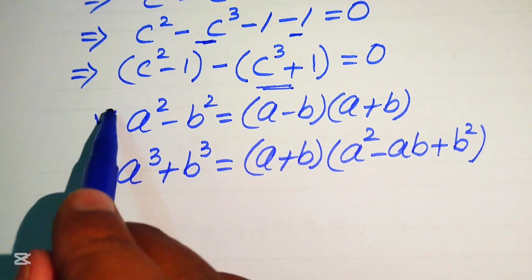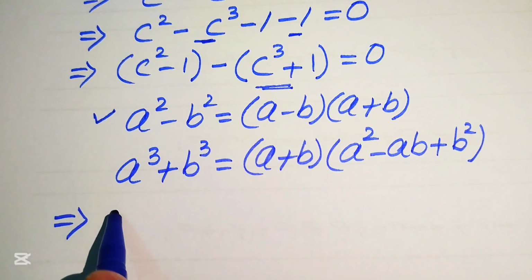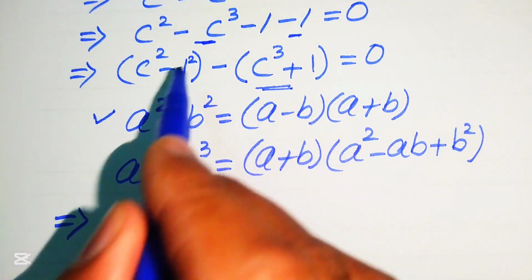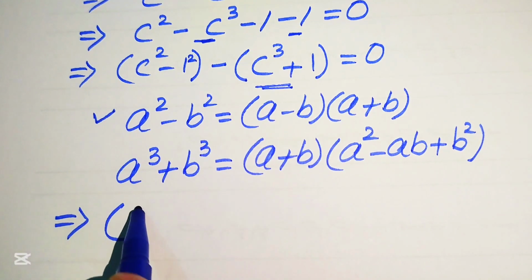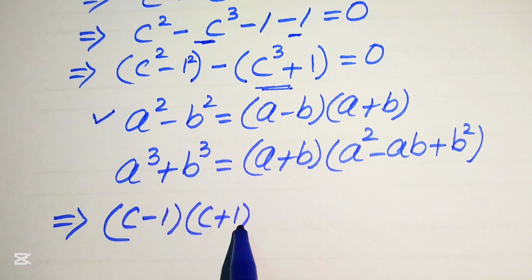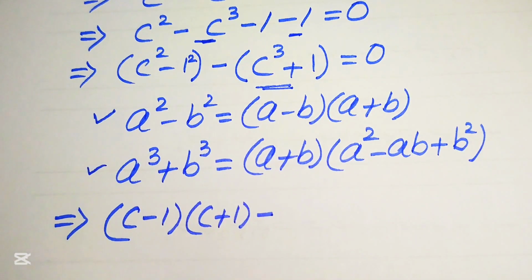So first we can apply the square formula in the first factor, so we write our first factor as c square minus 1, and we write this 1 as 1 square. According to this formula we write it as c minus 1 times of c plus 1, minus, and here we can apply the cubic formula.